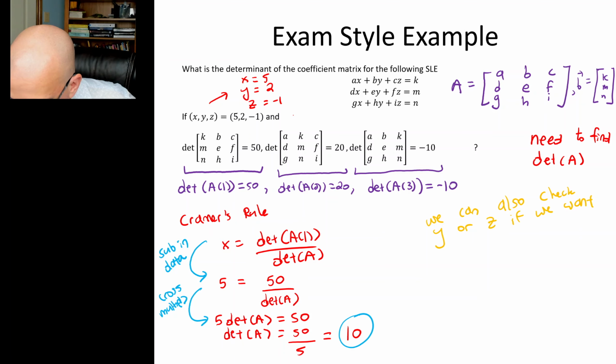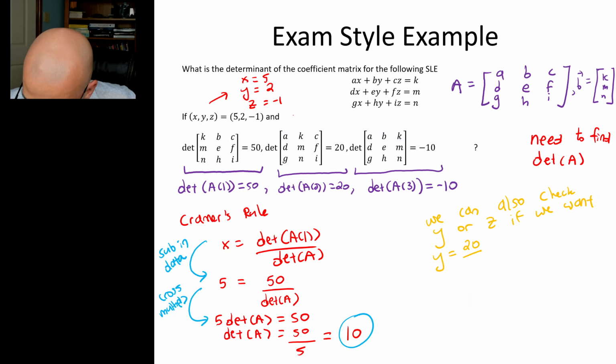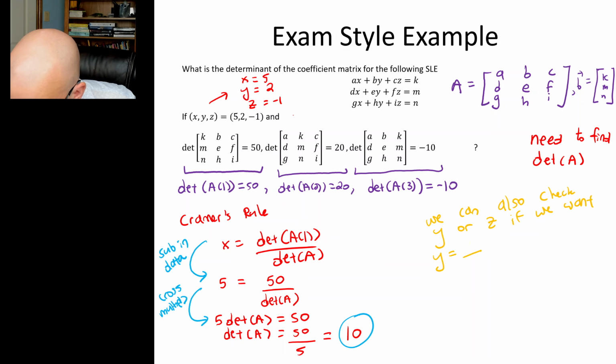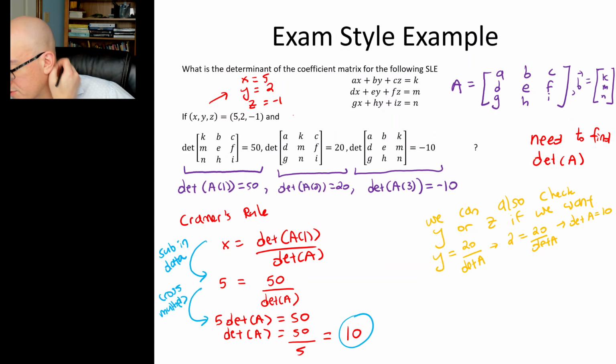So we have y equals determinant of A2, 20, divided by determinant of A. So 20 over determinant of A. So that means the y value 2 is equal to 20 over determinant of A. And that means determinant of A is 10. Using the same process, cross multiply, so 2 times determinant of A is equal to 20, divide both sides by 2.